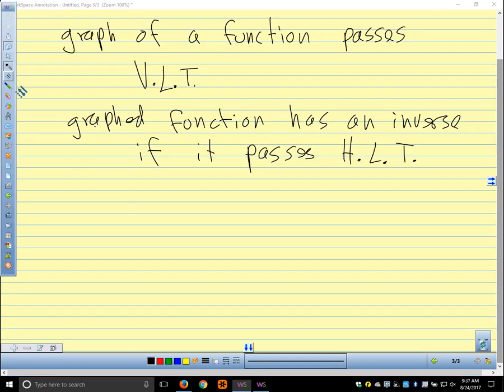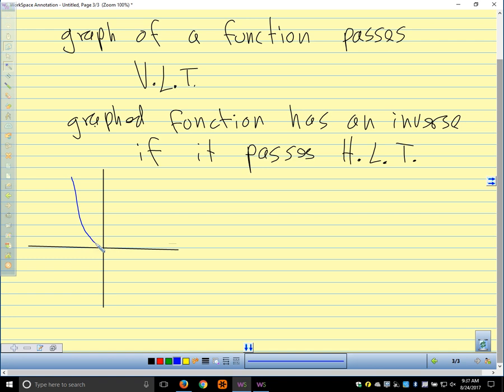So for example, let me just draw a quick picture here. Something like this, a nice parabola. I'm going to say this passes the vertical line test, right? There's my vertical line. I could slide that around wherever I wanted. It passes the vertical line test. That means it's a function.